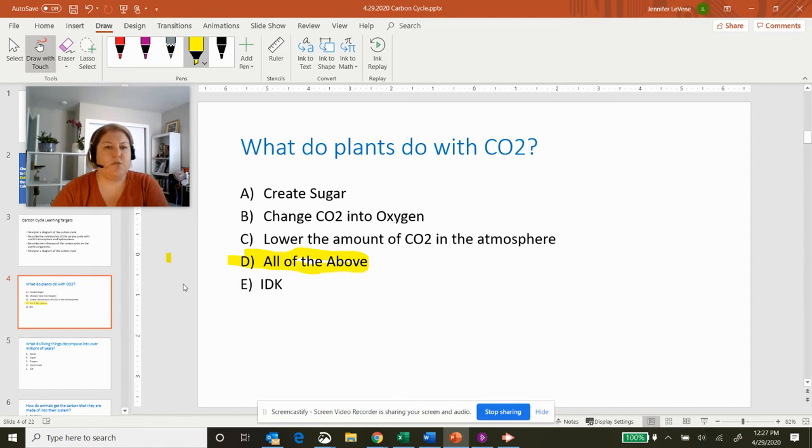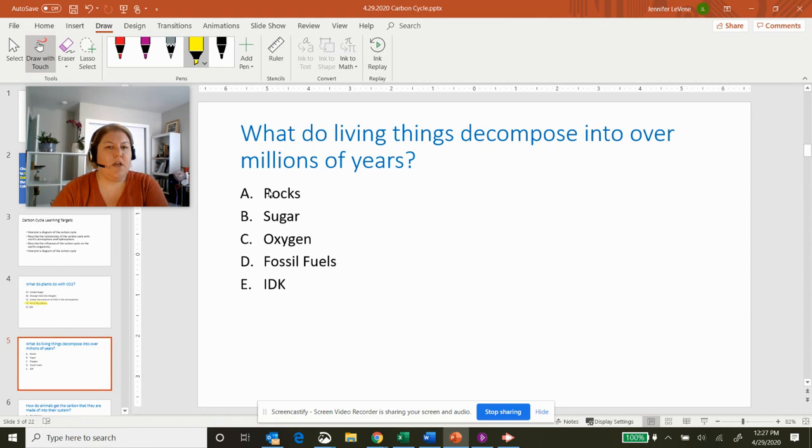Okay, so next question. What do living things decompose into over millions of years? Did they change to rocks? Did they change to sugar, oxygen, fossil fuels, or you don't know? So think about it for a second.